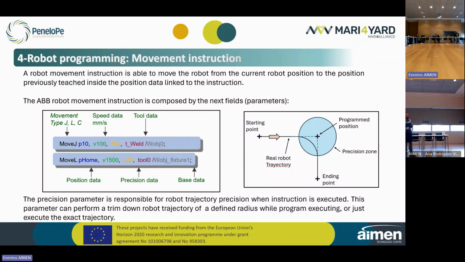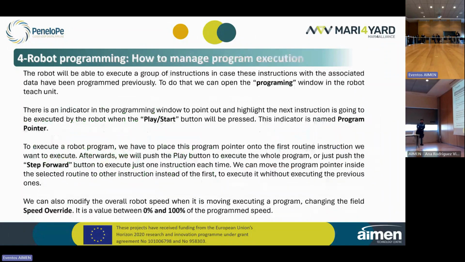If we have a sequence of instructions for moving a robot to describe a trajectory in the space, let me show you with a share for the people who are online as well. Maybe it's better to understand.